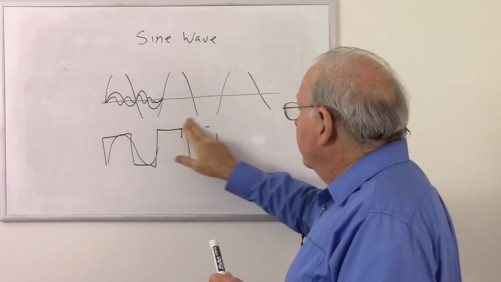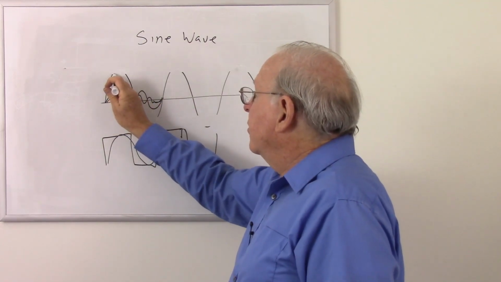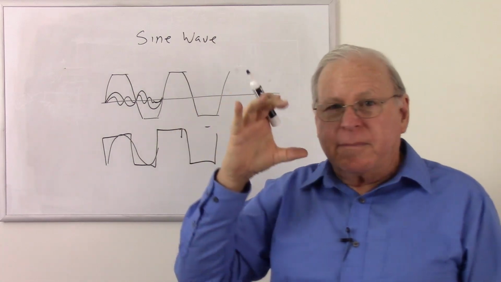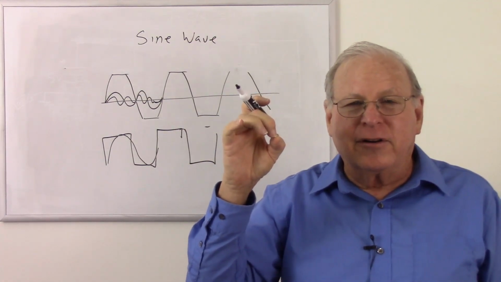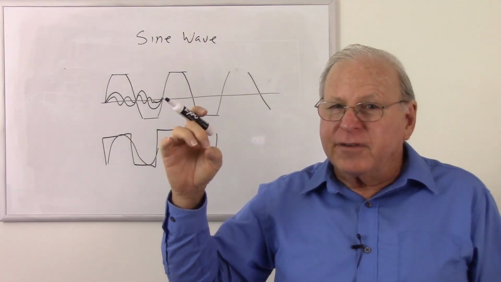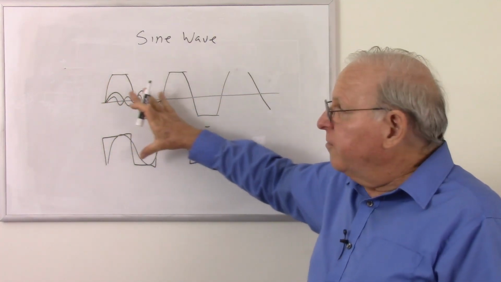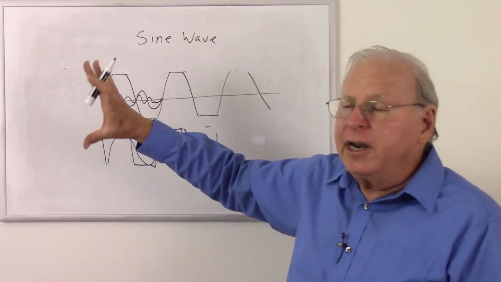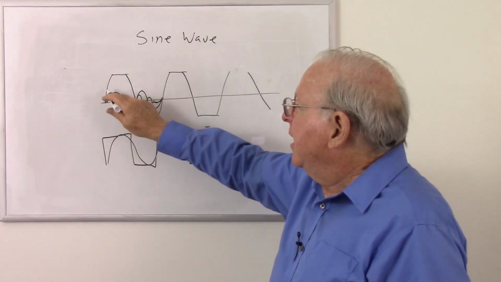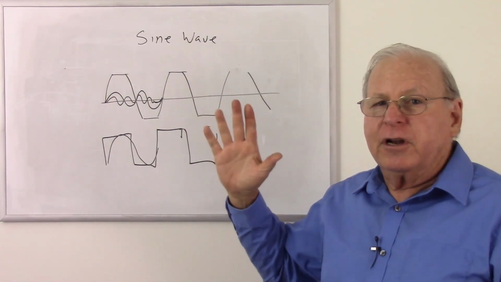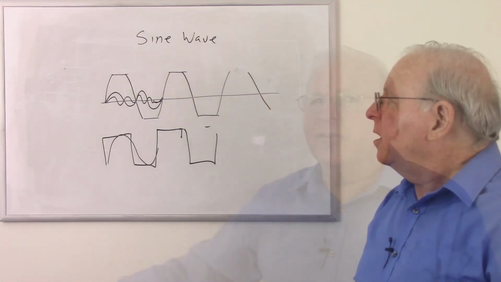That means we're adding those odd harmonics to the signal, which means we're not just transmitting on 1 megahertz, now we're transmitting at 3 megahertz, and 5 and 7 at diminished amounts, but it's going to interfere with other people using those other frequencies. So it's very important in radio to make sure that you keep a pure sine wave coming out of your transmitter so that you are not interfering with people on other frequencies.